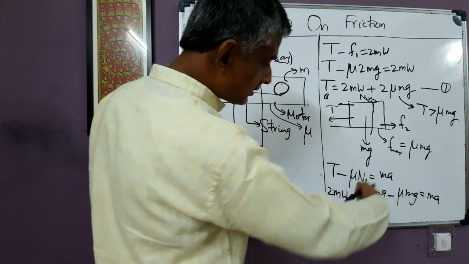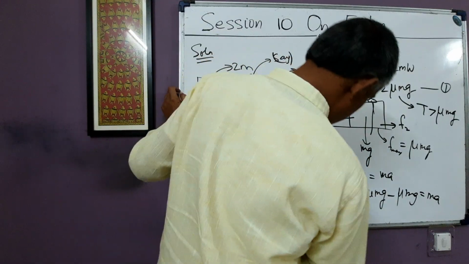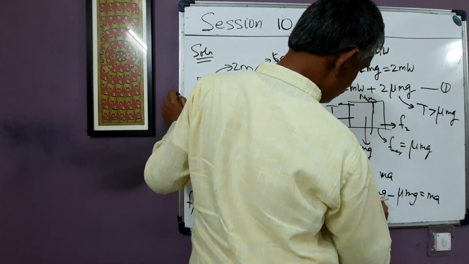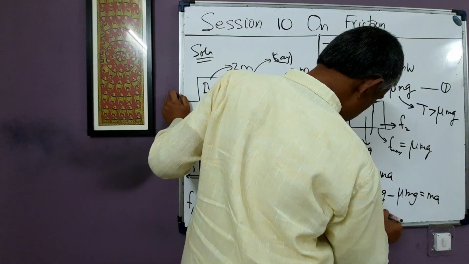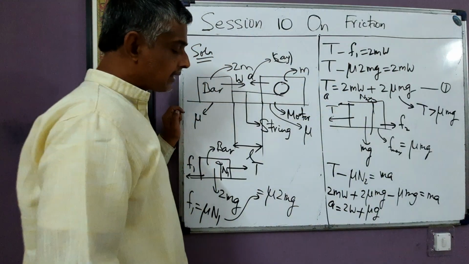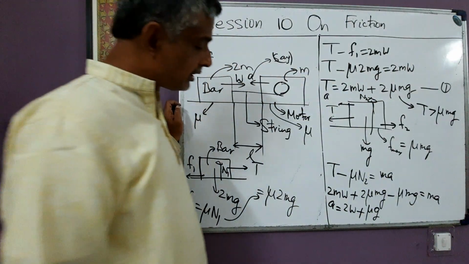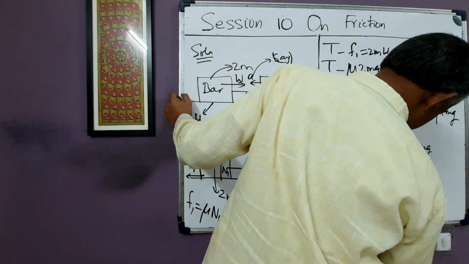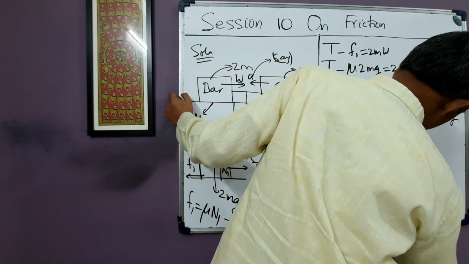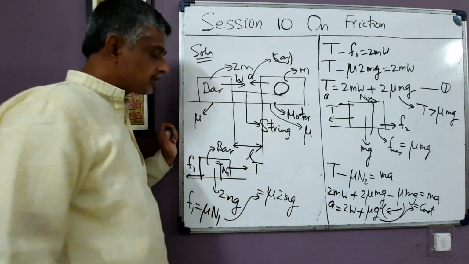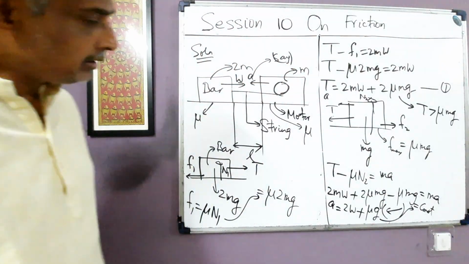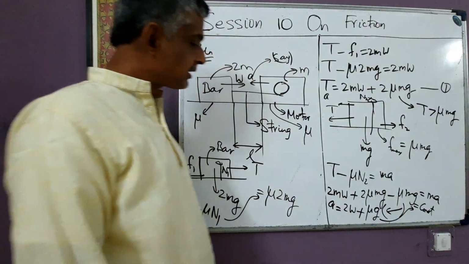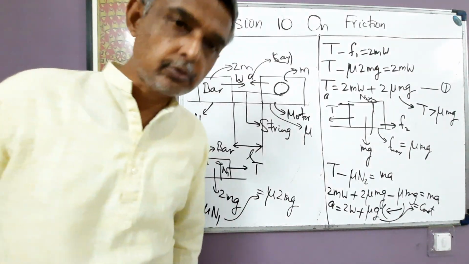M cancels out as a common term, and 2 mu mg minus mu mg is simply mu g. So the acceleration of the block with respect to the ground is a, which is equal to 2w plus mu g. It is towards the leftward direction and is a constant quantity with respect to the ground.